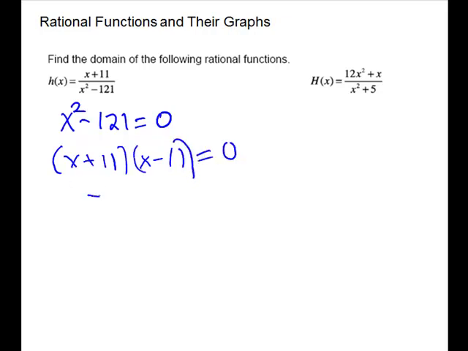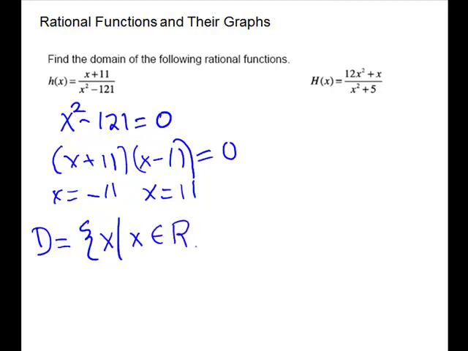So negative 11 is bad and positive 11 is bad. And so our domain, we'll call it D, is the set of all reals. So x such that x is an element of the reals and x is not equal to negative 11 and positive 11.